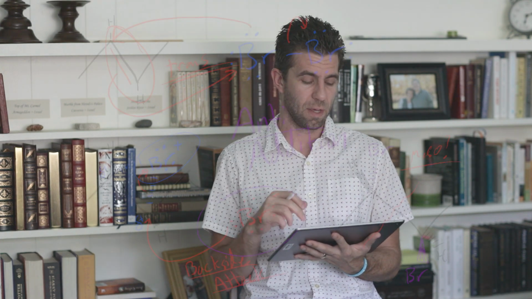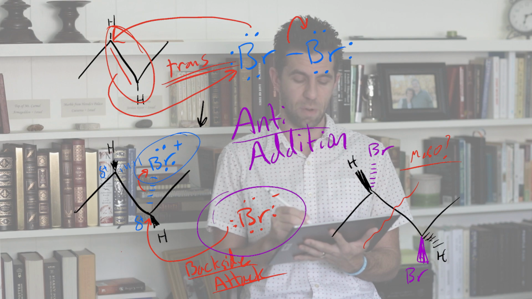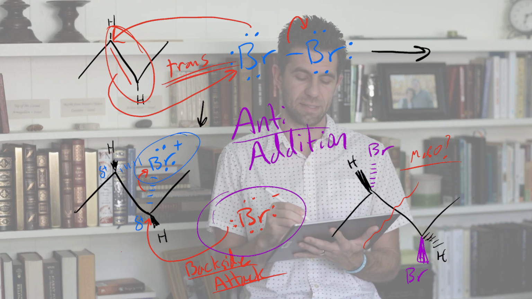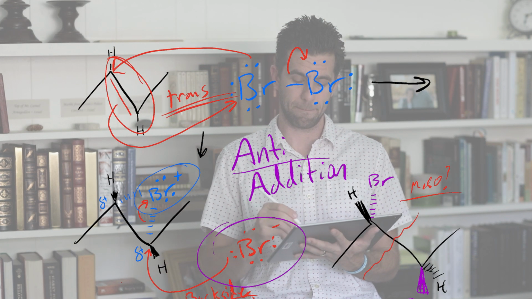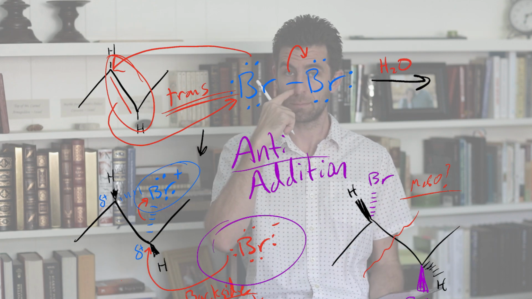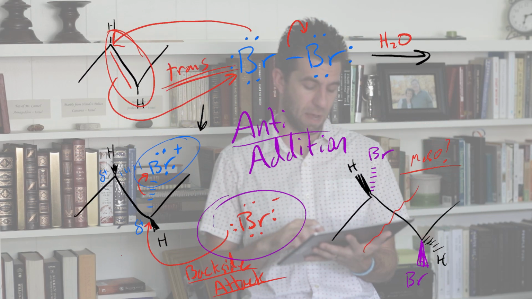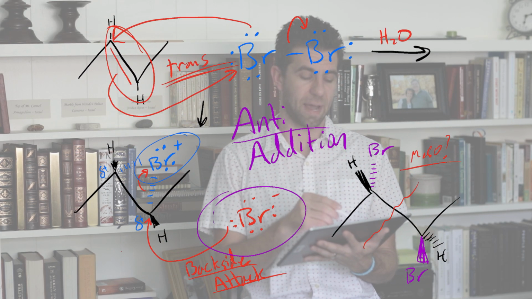One last addition that we can do to this. This reaction would be if we threw an alkene with just Br2. But what if instead we threw in a Br2, but we did this in a solution of water? Well, what would happen here once we formed our brominium ion is we could have water backside attack.